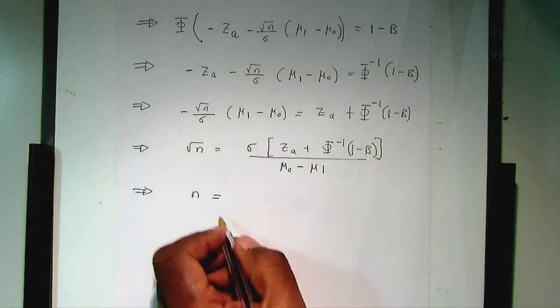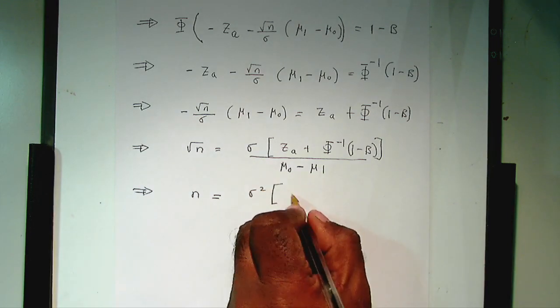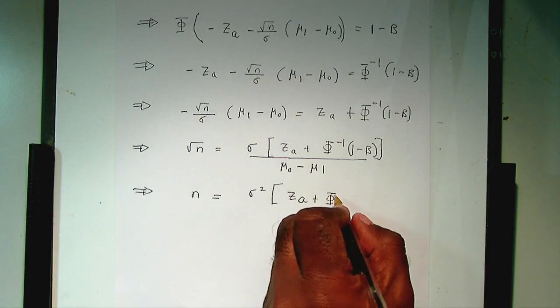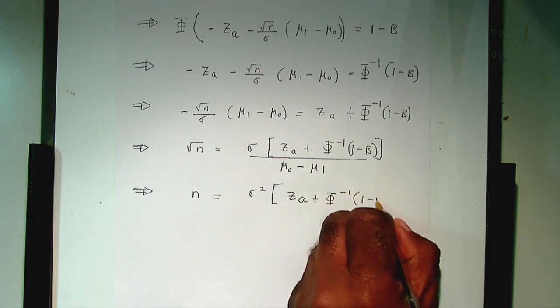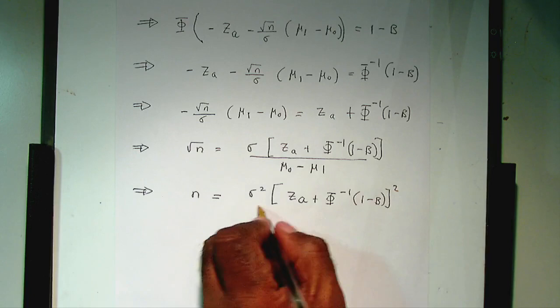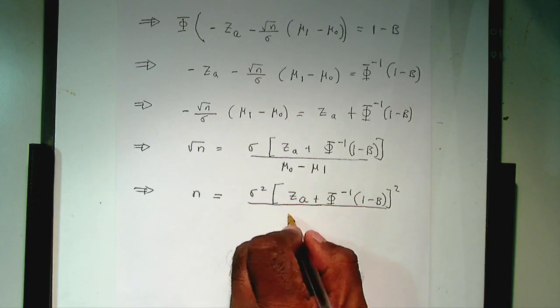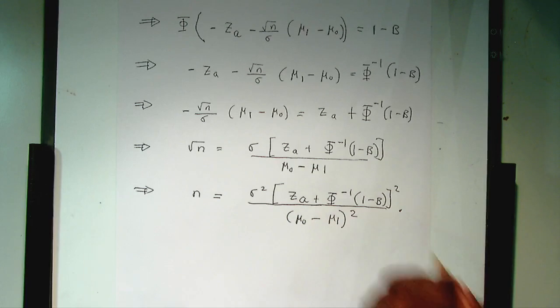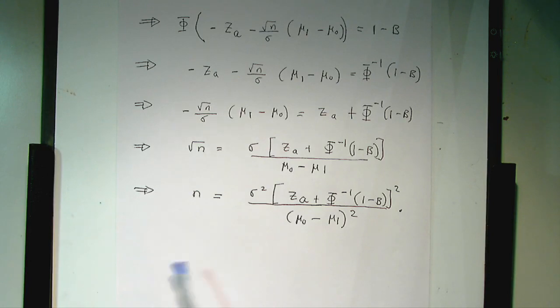So n is equal to sigma squared times, right, and that's the answer that we are supposed to show, right? So the sample size n is equal to this, right? Is that clear, guys, or not?